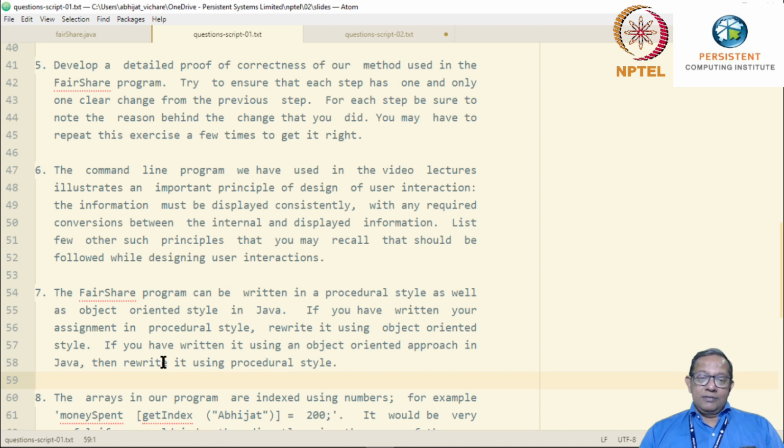The next question. The command line program we have used in the video lectures illustrates an important principle of design of user interaction. The information must be displayed consistently with any required conversions between internal and displayed information.